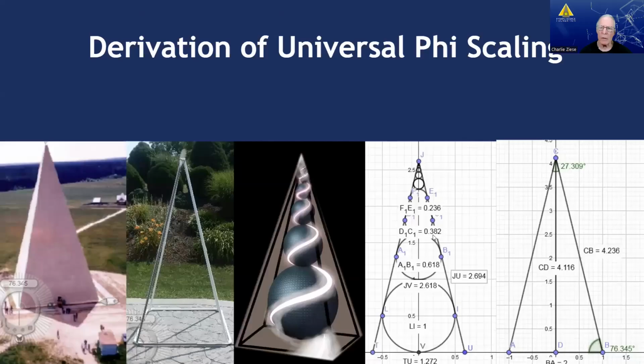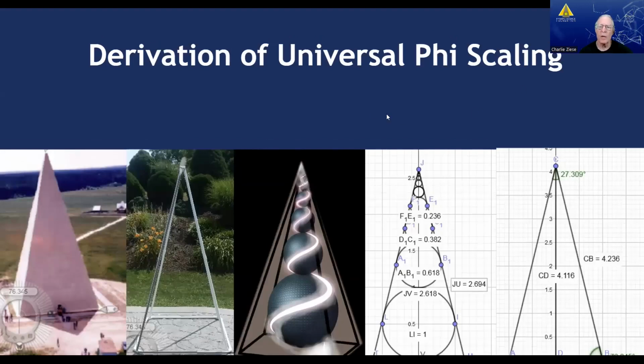So first, I want to tell you what universal Phi scaling is, how I got to it. I am starting and still do make meditation and healing pyramids for public sale. And they're designed off of the Russian pyramids that were built by the Russian government and the research director, Dr. Alexander Golod, over the last 30 years or so.